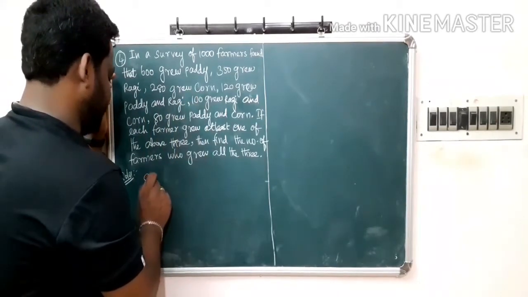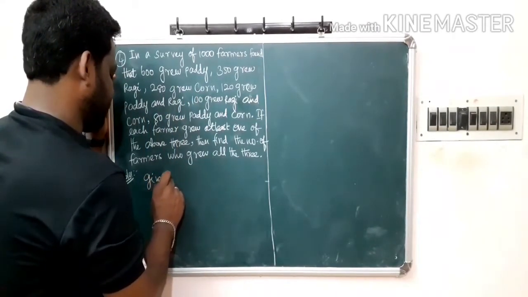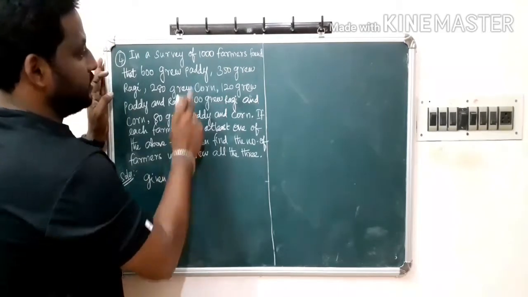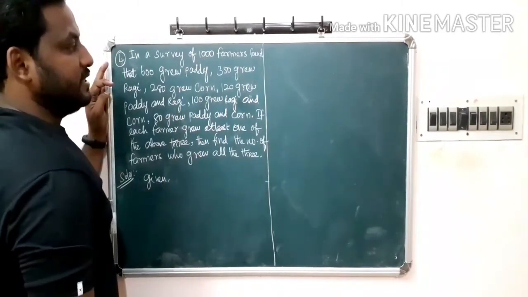So here given. First of all, we have to write the given values. So total number of farmers is 1000.